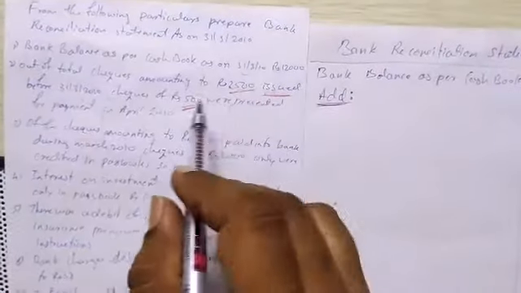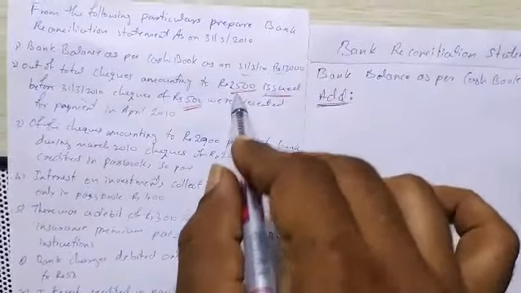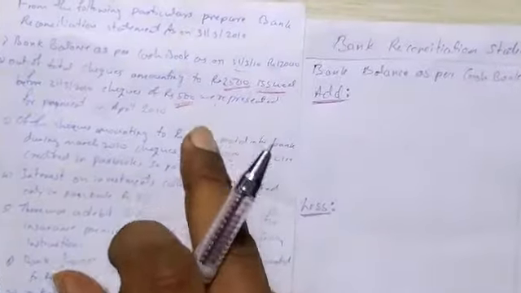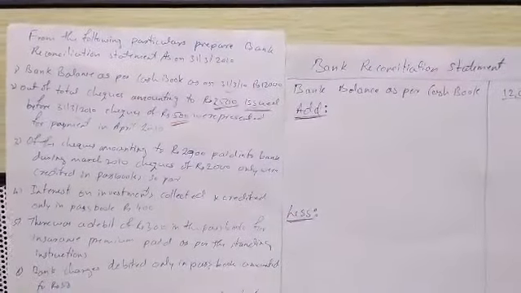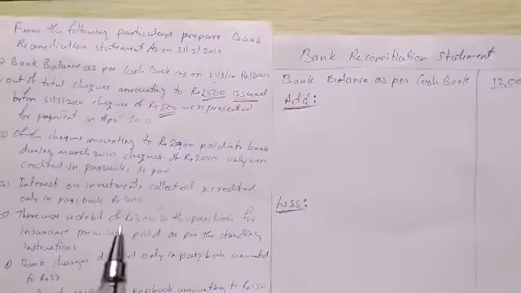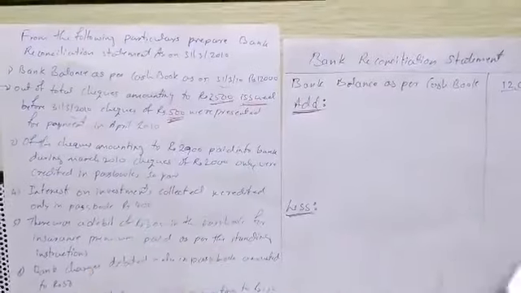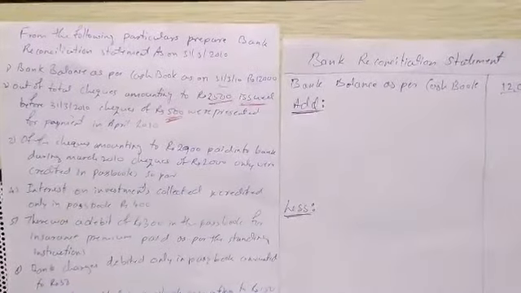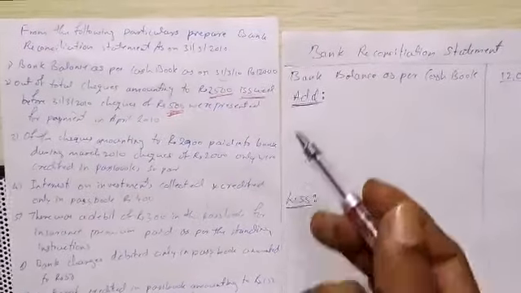So we have given checks of rupees 2,500 in the month of March itself, and we deduct that amount from our cash book, assuming all the checks were presented in March itself. But one check of rupees 500 was not presented for payment, so our bank balance as per the passbook is showing more balance.